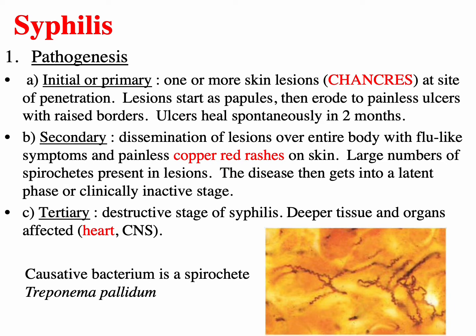So Treponema denticola is an organism. It's also a spirochete that is found in the periodontal pocket of people who have 7 or 8 millimeter depth in periodontitis.